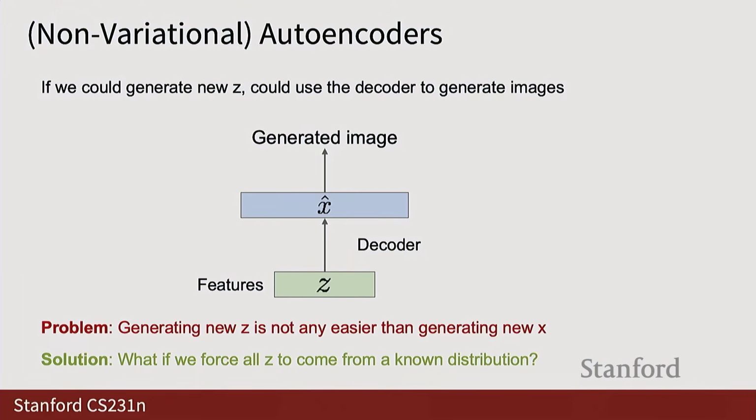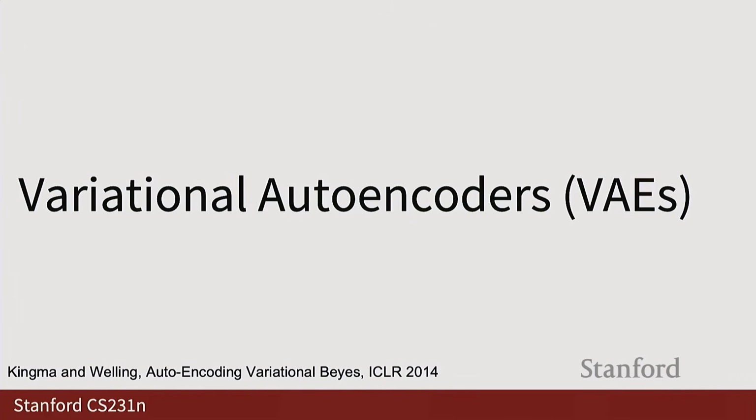If that were the case, then we could just draw a sample at inference time after this model is trained, draw a sample from that known distribution, pass it through the decoder, and now we would have our sample. So forcing these autoencoders to be probabilistic and to enforce a probabilistic structure on that latent space is exactly what a variational autoencoder tries to do.